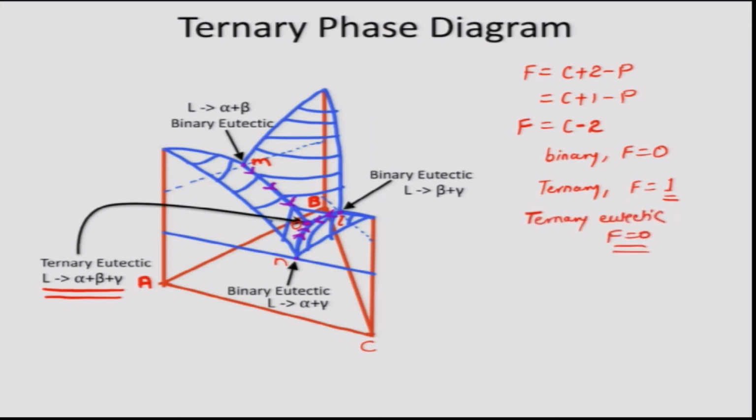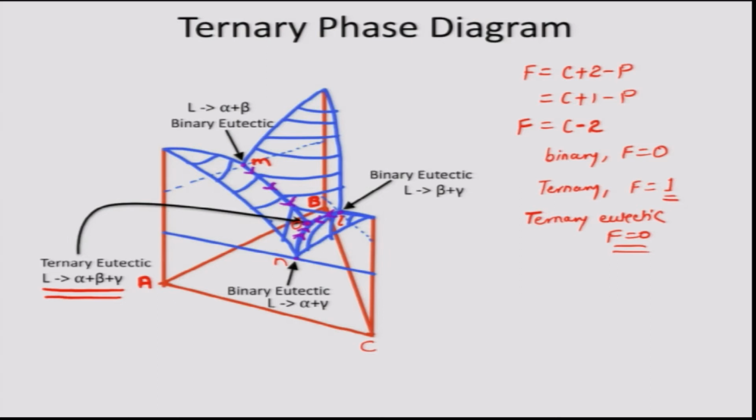That means, on a ternary phase diagram, a ternary eutectic or a 4 phase equilibrium represents an invariant. It occurs at a single composition and single temperature, and hence a ternary eutectic solidifies at a single constant temperature.